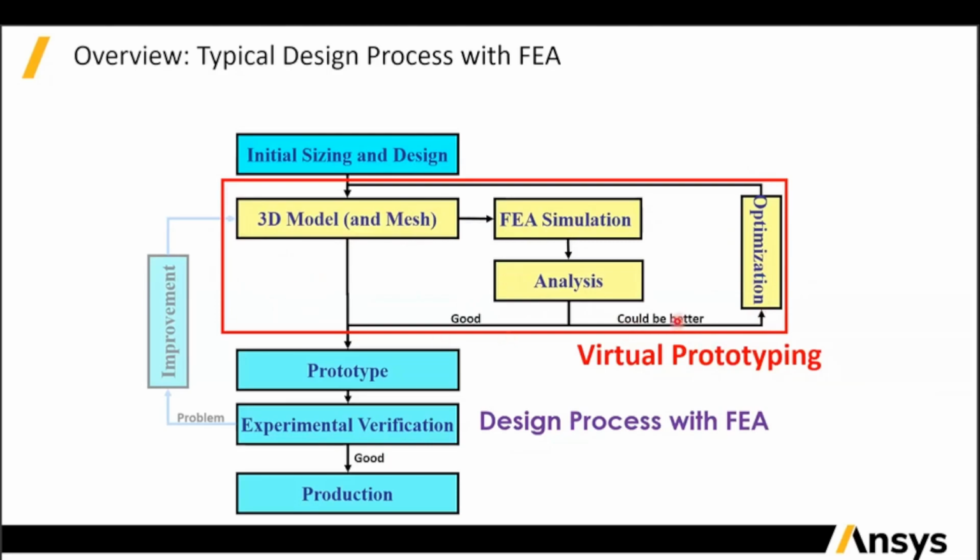So your time and cost are reduced. Once all the optimization is done and you find in this virtual environment that your model is good to go, you can do the prototype experimental verification and go for production. This is how you can improve your design process with the help of FEA.